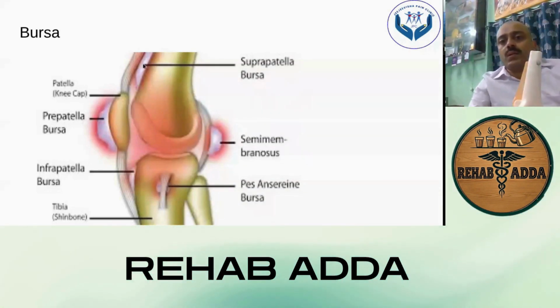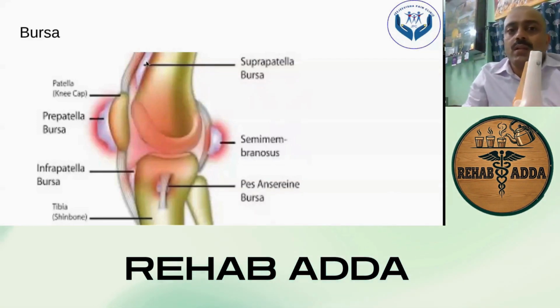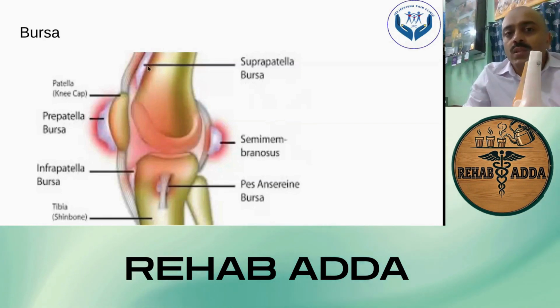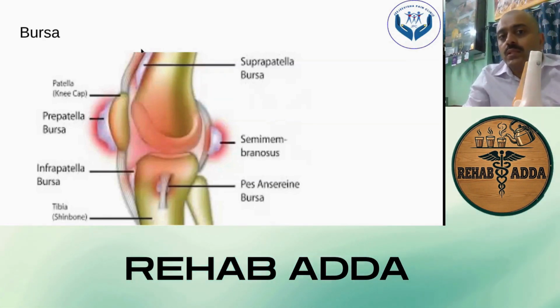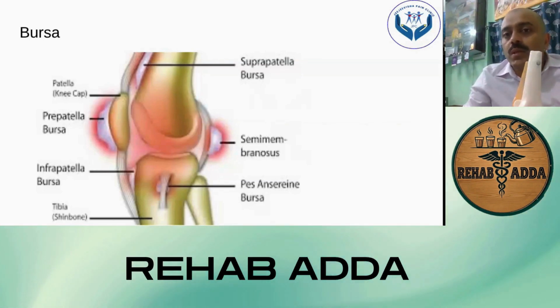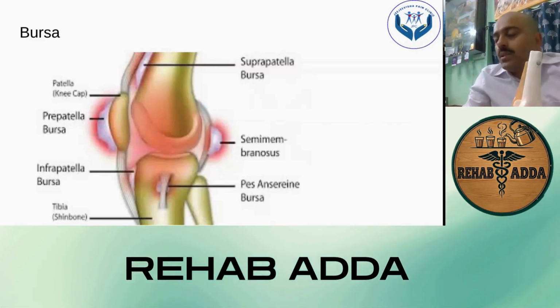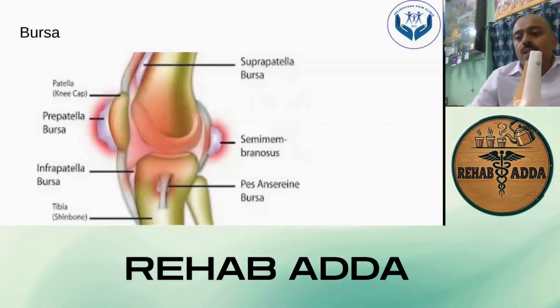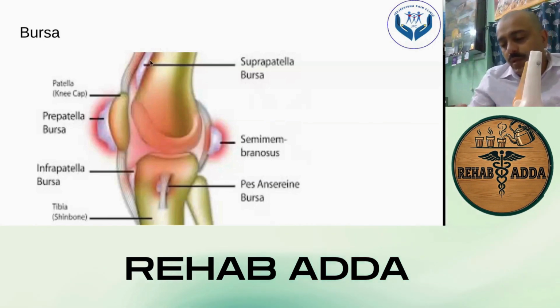The suprapatellar bursa. It is called suprapatellar. Patella is here, above the patella is the bursa, which is between the bone, that is the femur, and the muscle that is coming around, that is the quadriceps, or the tendon that is here. So suprapatellar bursa, and all bursas, remember, has synovial fluid around it.